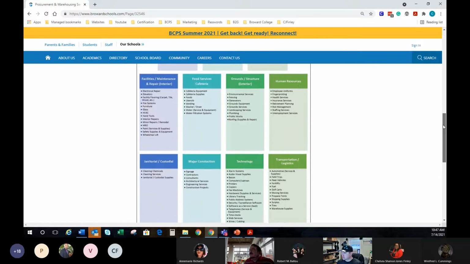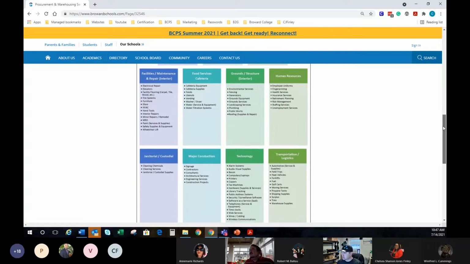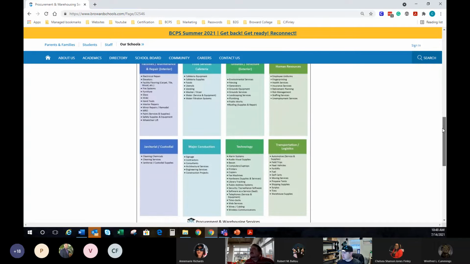And again, we've got transportation and logistics, which we also have field trips and buses. That's been a very important part of bidding because we want to be able to supply schools with buses so that the kids can take their field trips.